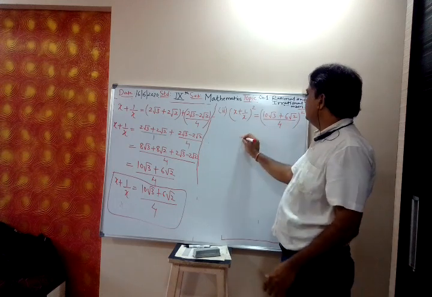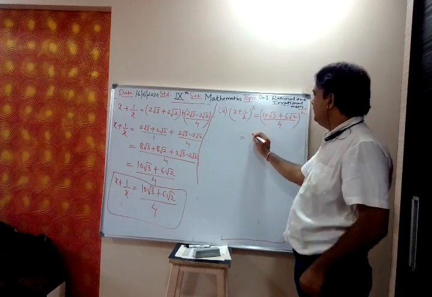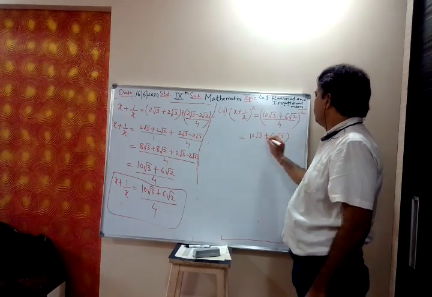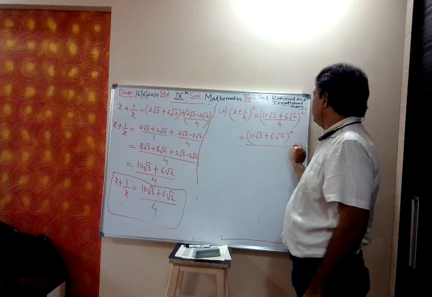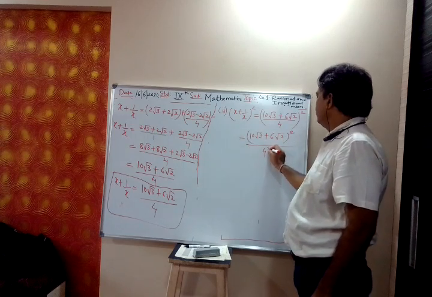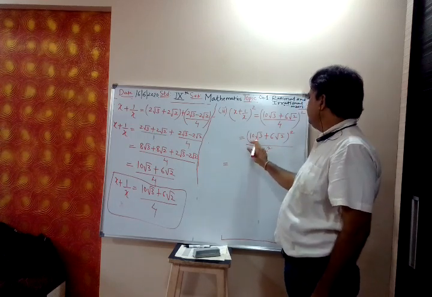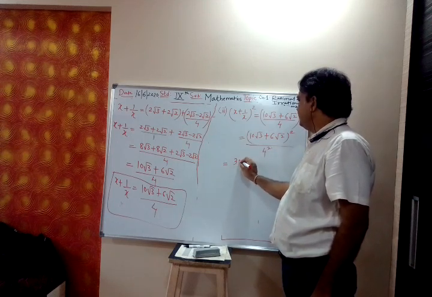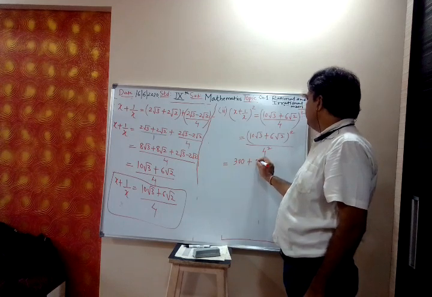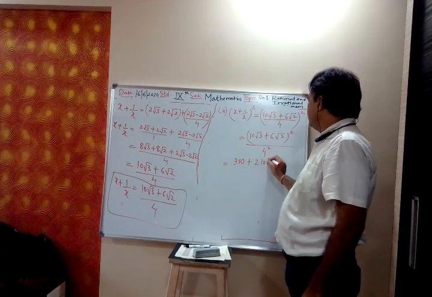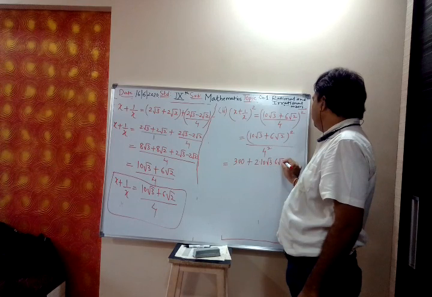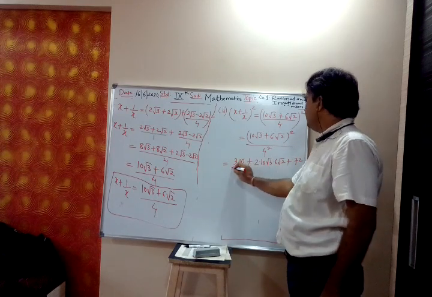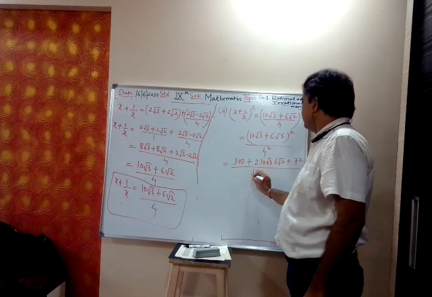Numerator a plus b whole square, 10 root 3 plus 6 root 2 square, upon denominator 4 square. So now use the formula a plus b whole square. So 10 root 3 squared is 100 into 3, 300, plus 2 into 10 root 3 into 6 root 2, plus 6 square, 36 into 2, 72, upon 4 square, 16.